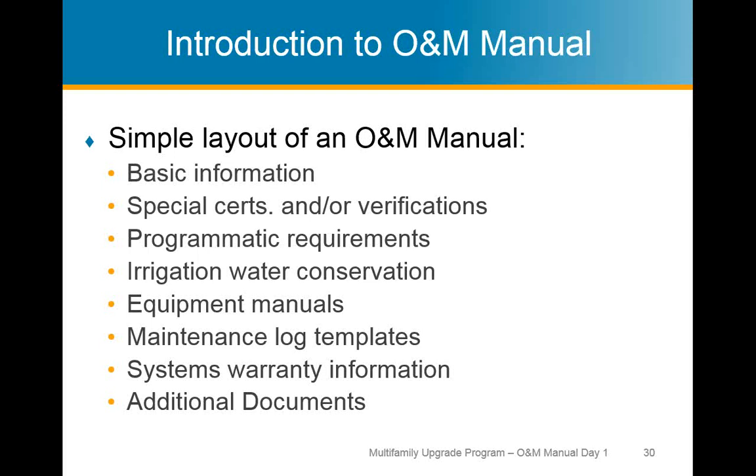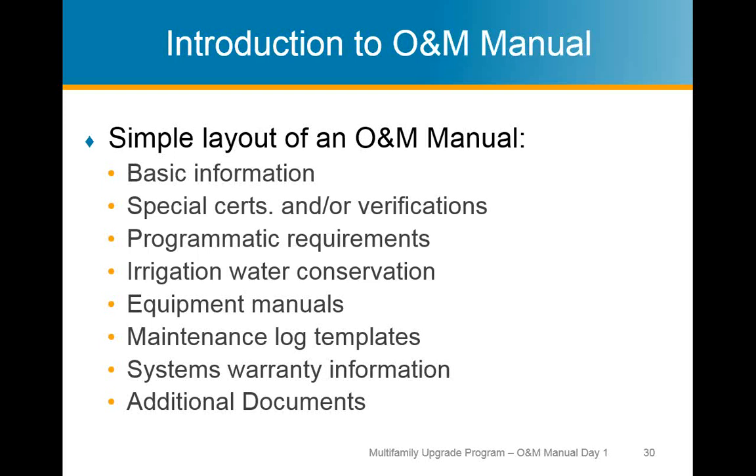One, basic information, all the pertinent building data that you might see on a CoStar report or a LoopNet report: name, address, square footage, brief description, things like that. Contact info for key personnel, roles and responsibilities. All these things that should be available at a glance. It should be in this first section.